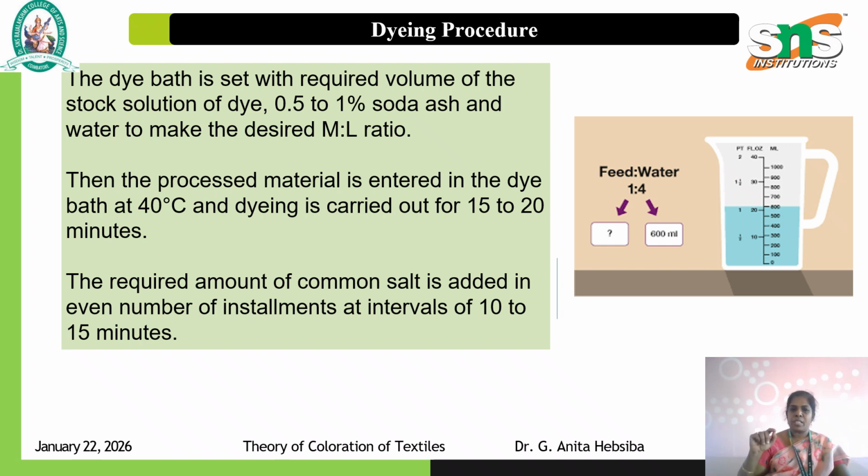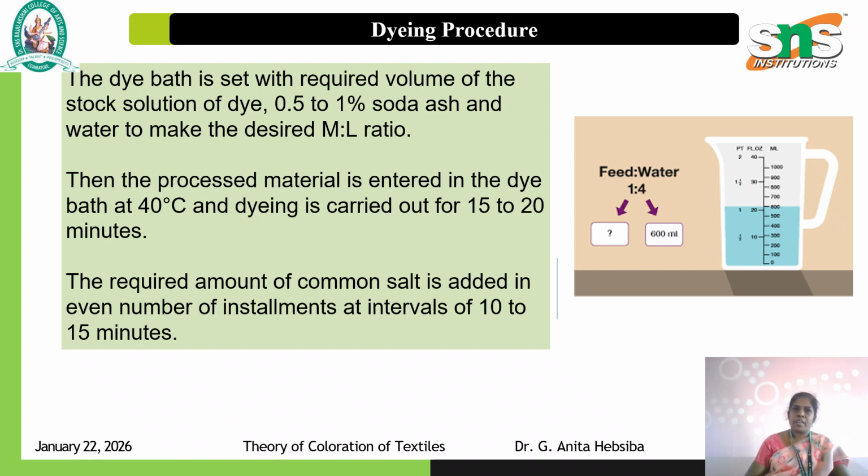In the dyeing procedure, the dye bath is set with the required volume of the stock solution of dye, that is 0.5 to 1%, and then soda ash and water are added as per the desired ml ratio. What is the ml ratio? Usually this ratio is fixed as 1 is to 20 for small lots and 1 is to 10 for larger lots.